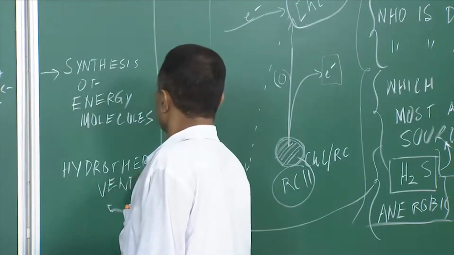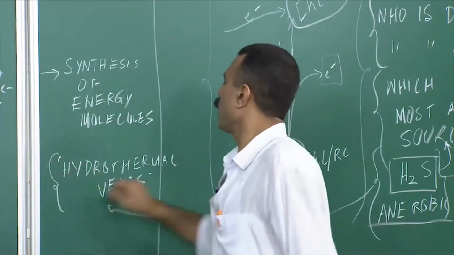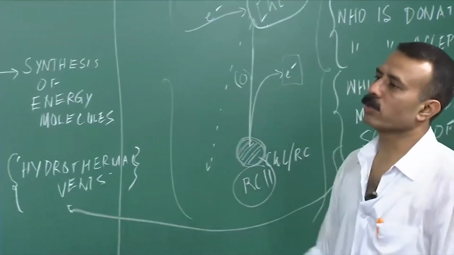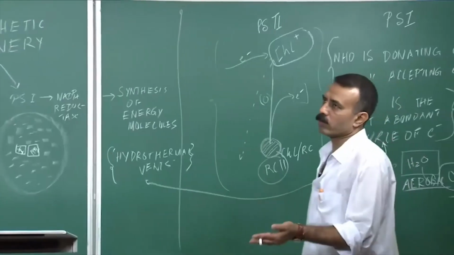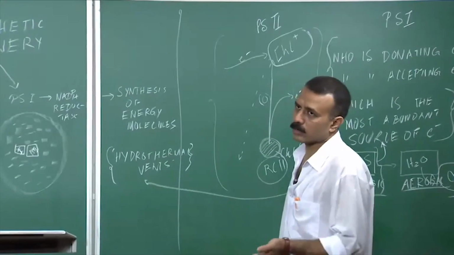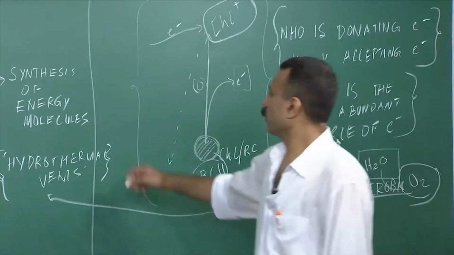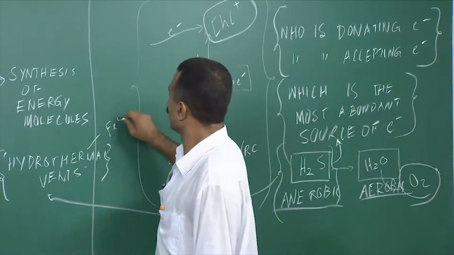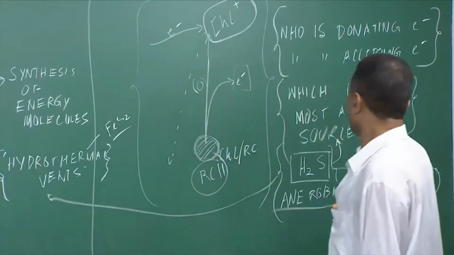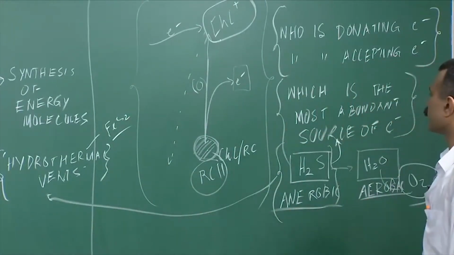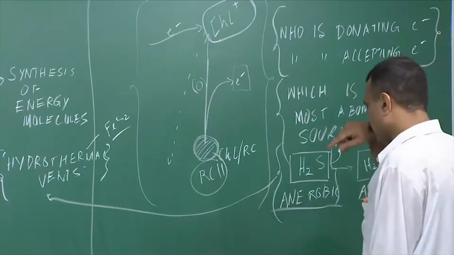And we will talk more about this when we talk about iron disulfide as an energy molecule, I think probably in your 38th lecture, where we will be talking about FeS2.